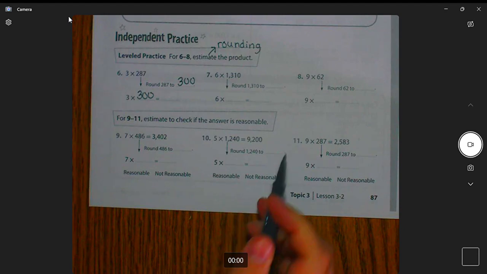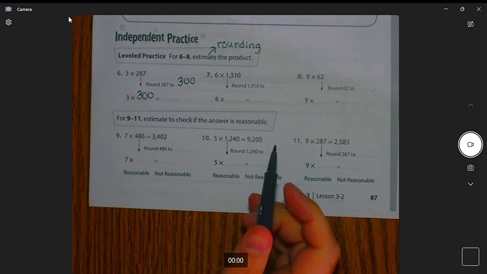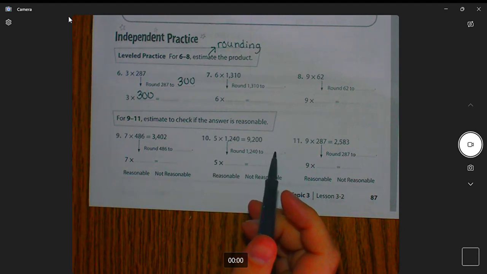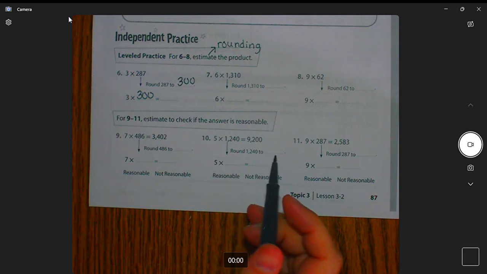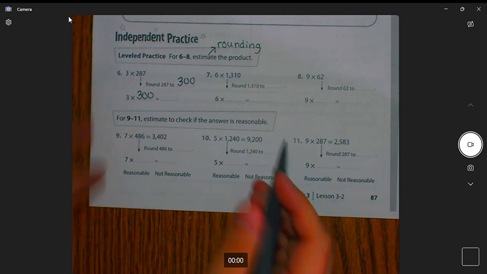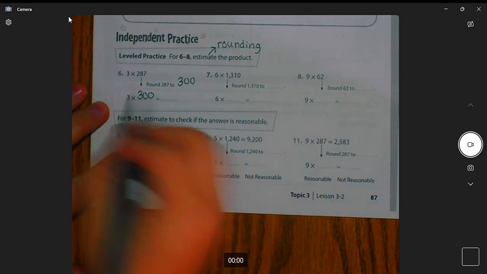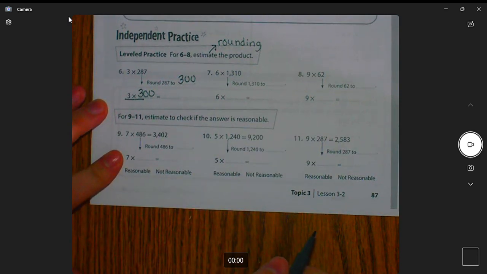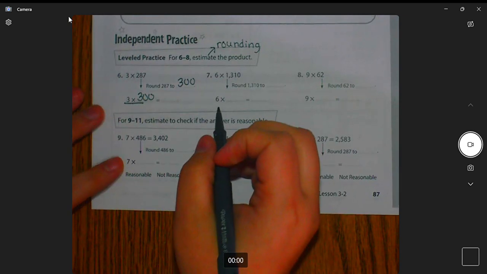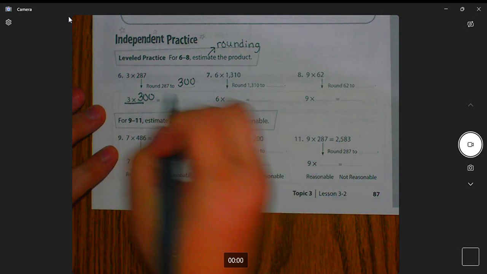Does this look familiar as to what we worked on the other day? It should, because now I can multiply with a 10, 100, or 1,000. So I'm going to find my basic fact. Oh, I see it. 3 times 3. Do you agree? Yeah. What is 3 times 3? You are so smart. It's 9.